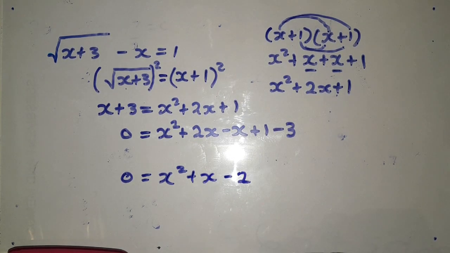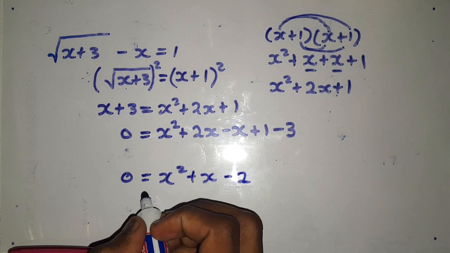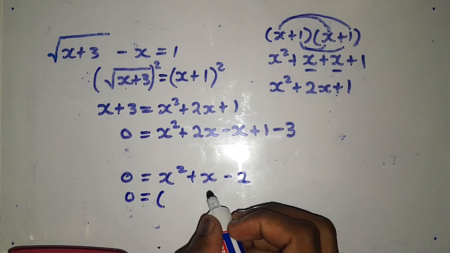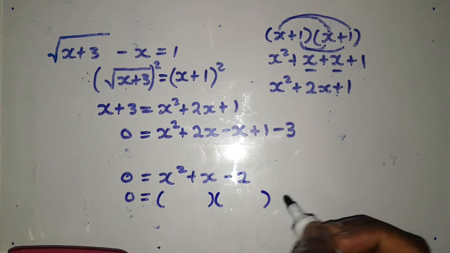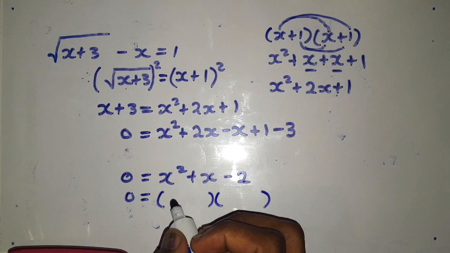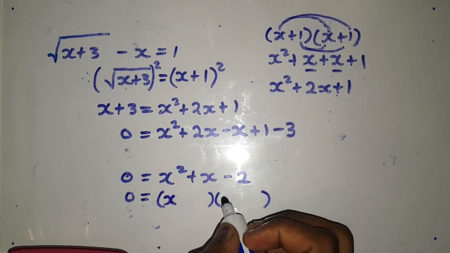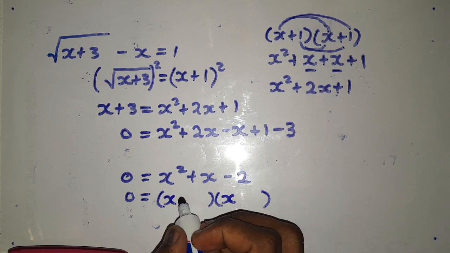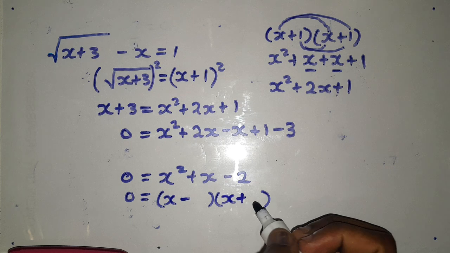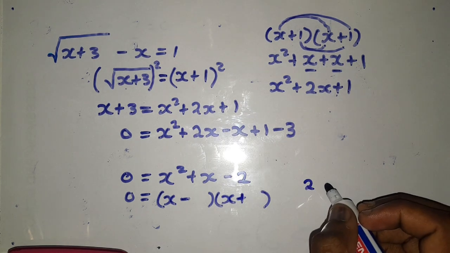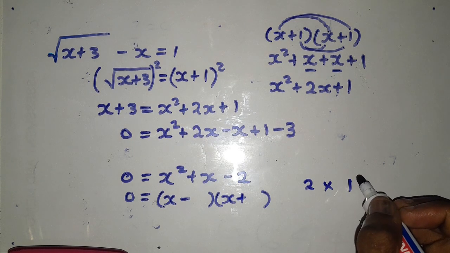You see? Then at this point, you can just factorize the following. We open brackets on both sides. Immediately after you open your brackets, we have x, same x, with different signs. Then the factors of 2, we have 2 multiplied by 1.